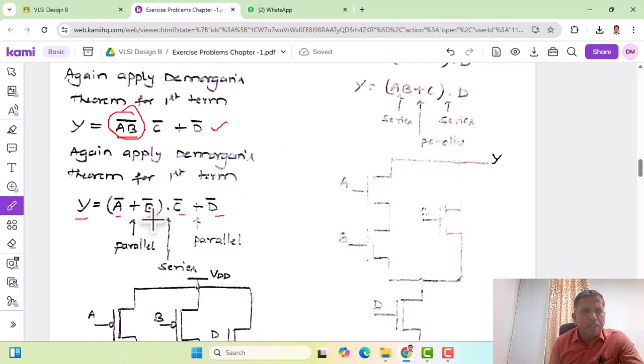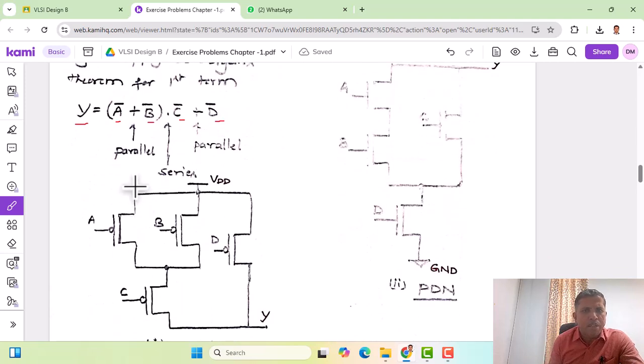And now we can rewrite the structure for this. Plus indicates parallel transistors, and dot indicates series transistors. So here also we have a plus, and totally there are 4 transistors. As we can see, the number of variables gives you the number of transistors: A, B, C, D, 4 variables.